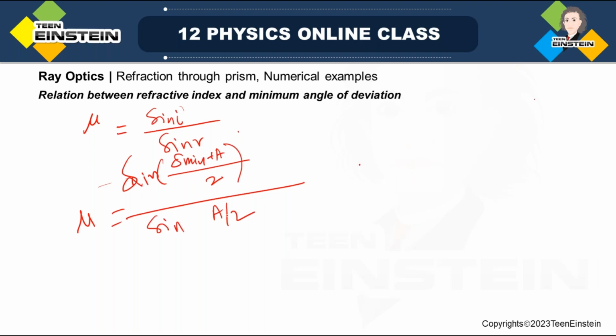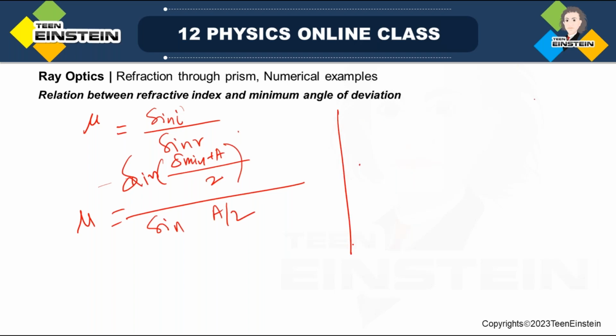If you know the delta minimum and angle of prism for a particular prism, and as you said, the wavelength of the light was taken fixed, and since the material is also fixed, then mu will be a single value, and you can get it from this.